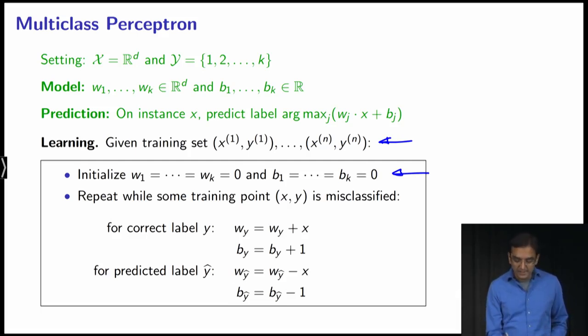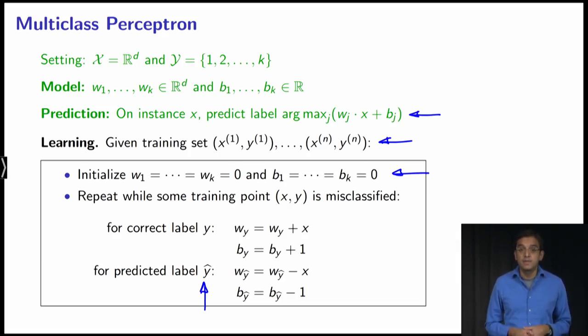And that label is simply the label j that maximizes wj.x plus bj, where the w's and b's are our current parameter values. Okay, so let's say that the label we'd predict is y hat. Now, if that's the correct label, if y hat equals y, then we don't have to do anything.